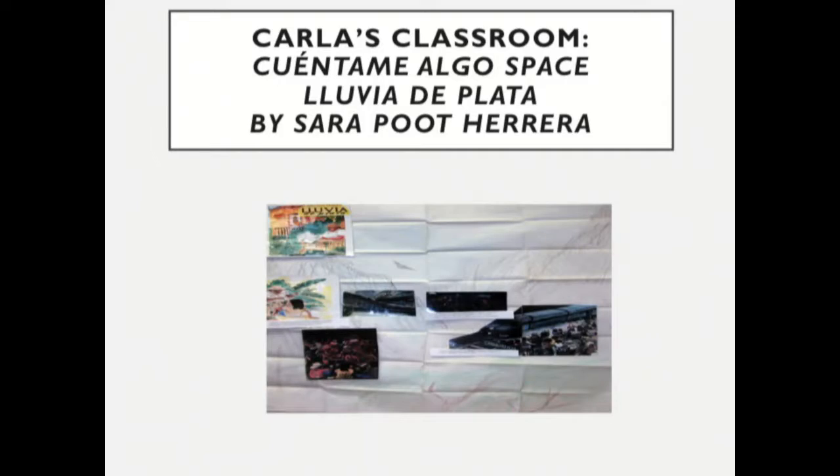So here's an example of Carla, a fourth grade teacher in a dual language bilingual education context who found a space for translanguaging, and she called it the Cuéntame Algo space. You could call it whatever you want. It could be the dialogue journal space. It could be the Cuéntame Algo. It could be the pictorial input space. However it is, she found it in this space right here, and this is the text that she was reading, Lluvia de Plata, by the author Sarah Cortez Herrera.